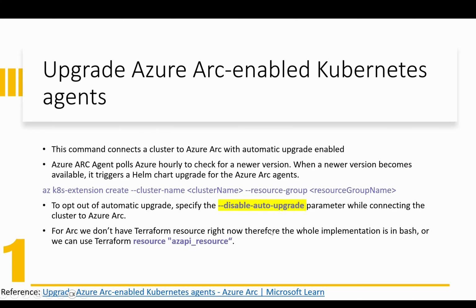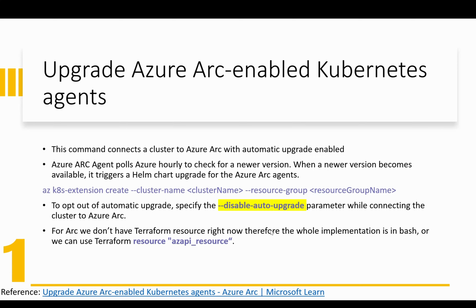In the video that I will show you in the implementation, the whole implementation is in Terraform. Unfortunately, for the time being, there is no Terraform resource for Azure Arc configuration or Azure Arc connection.